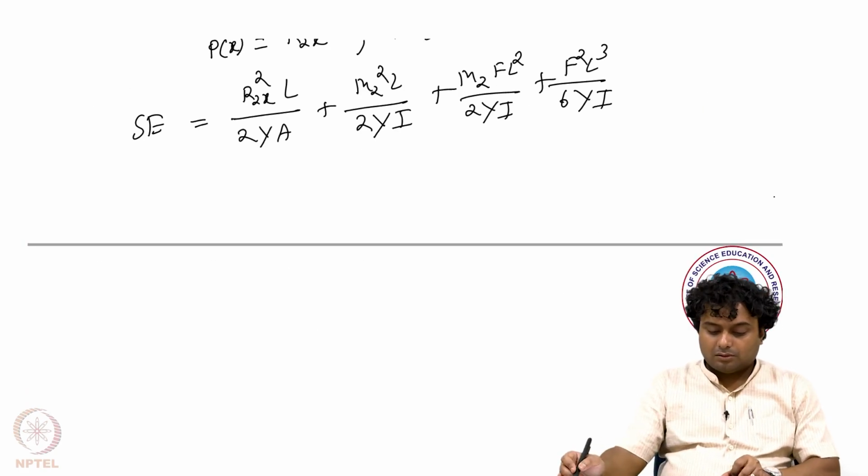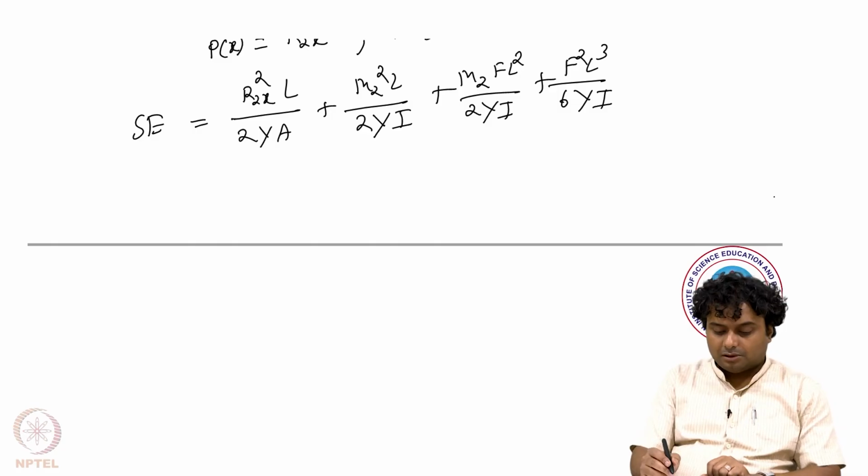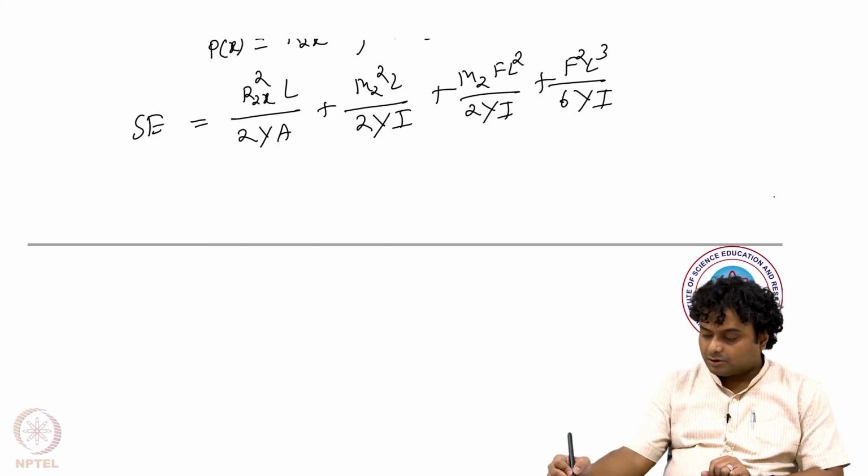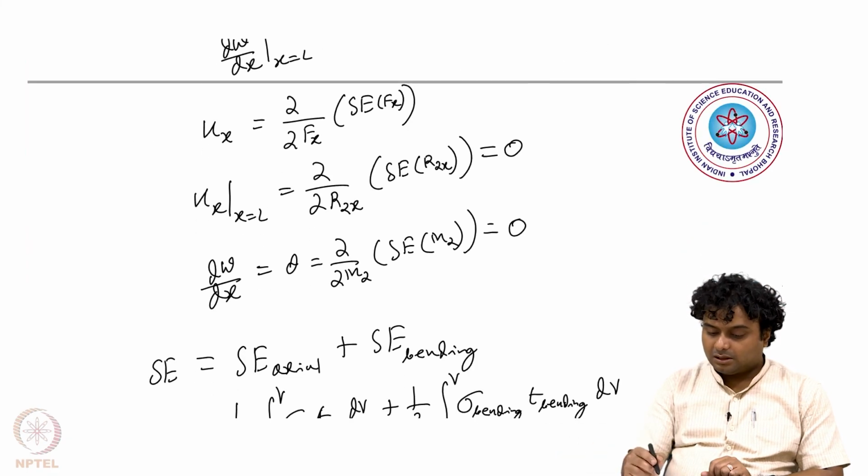Now we need to calculate the partial derivatives of strain energy. First, we differentiate with respect to R2x and M2. These are the two terms we need, right? From our boundary condition and strain energy expression, we got that ux equals del of strain energy with respect to Fx, which equals 0, and dw/dx equals del of strain energy with respect to M2, which is also 0.